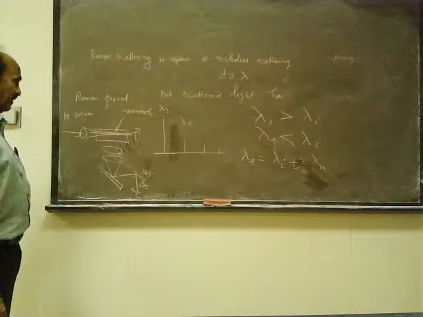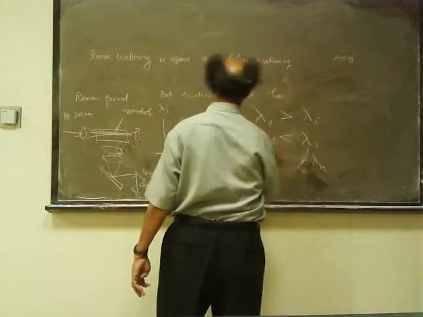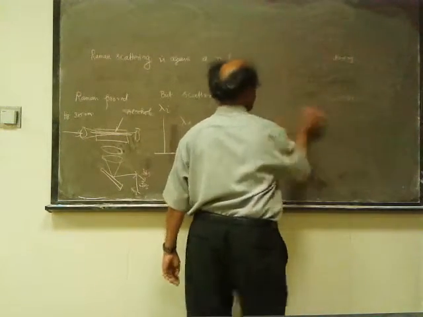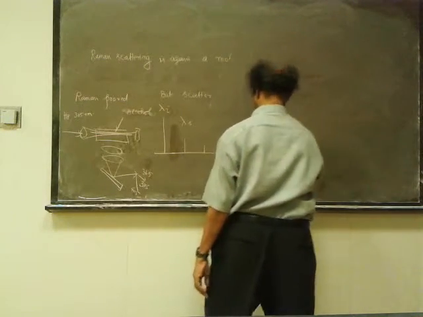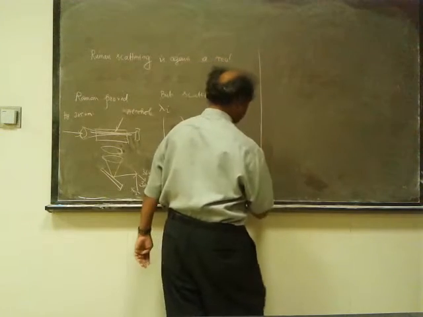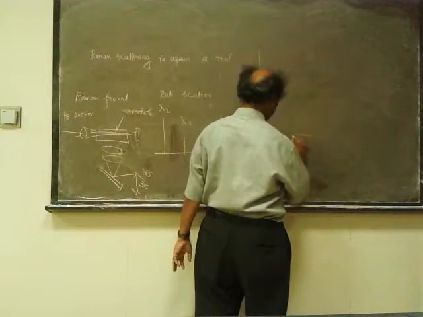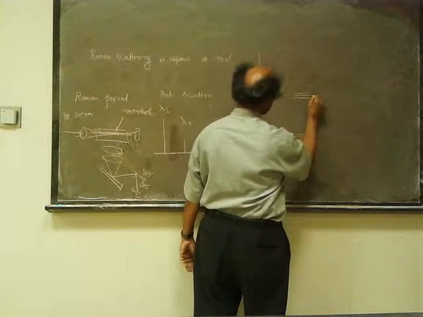Then he explained that this happens in this way. The explanation he gave is something like this. The alcohol molecule has energy levels, this one, and this is another energy level.